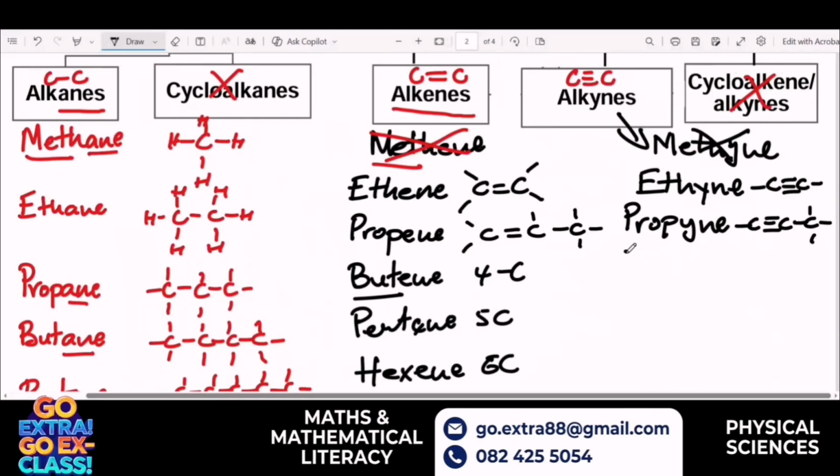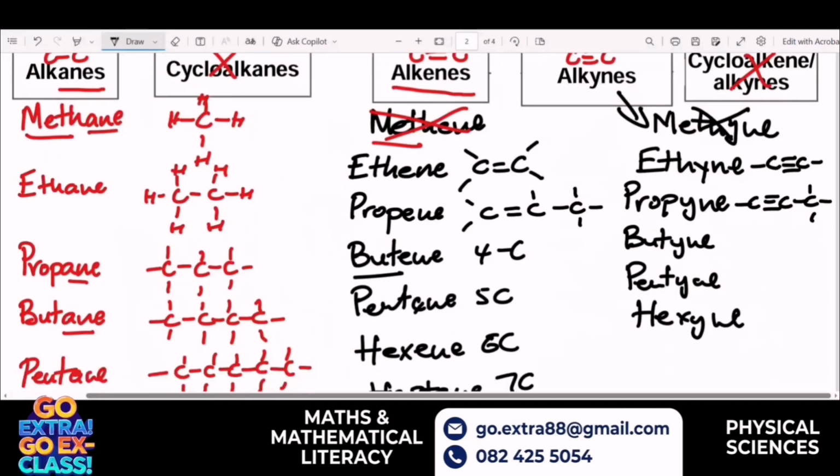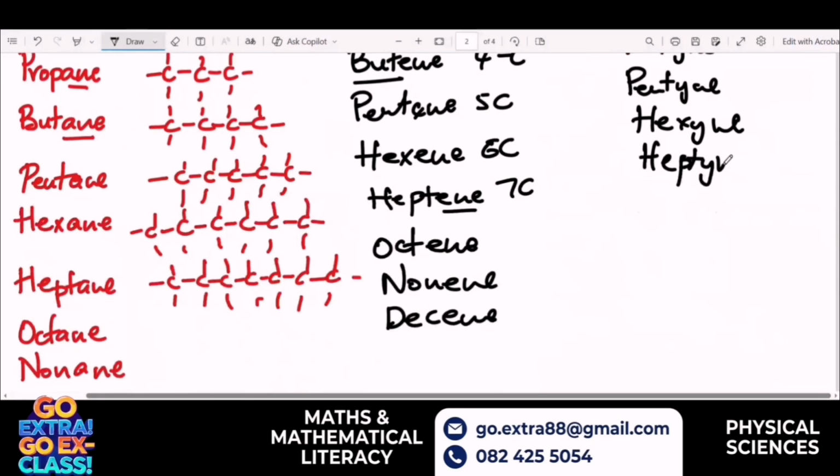We can continue. We also have butyne, pentyne, hexyne, heptyne, and octyne.